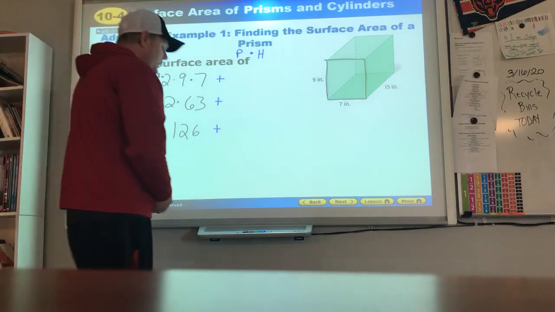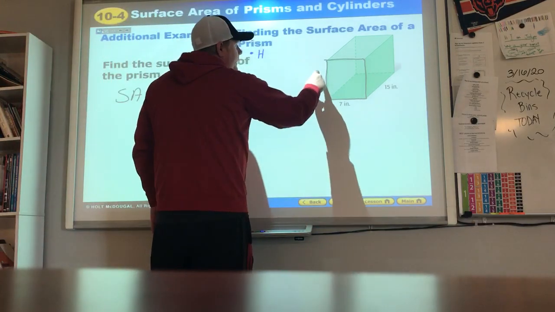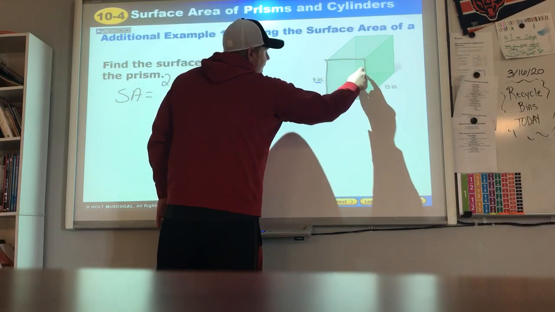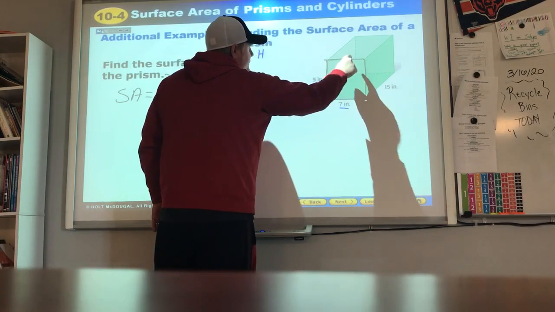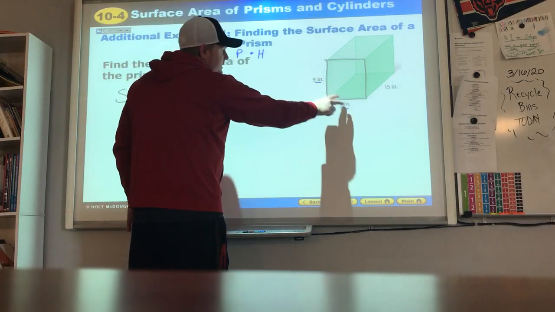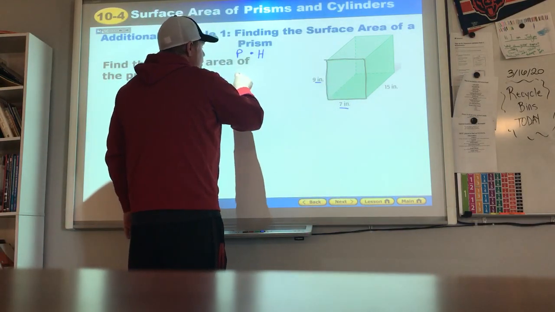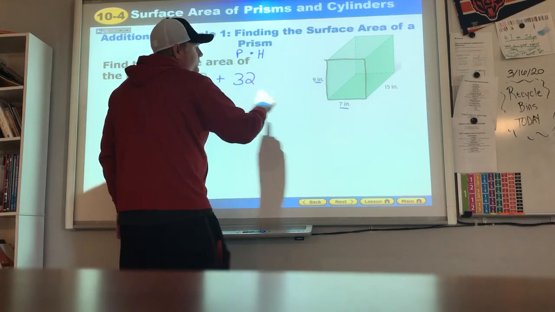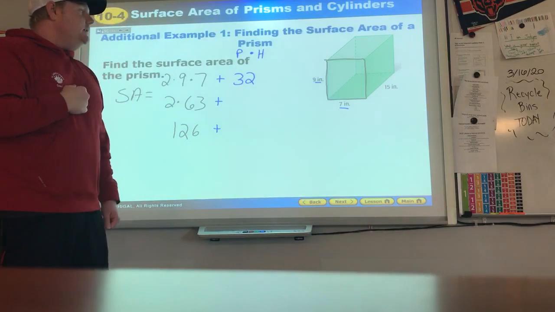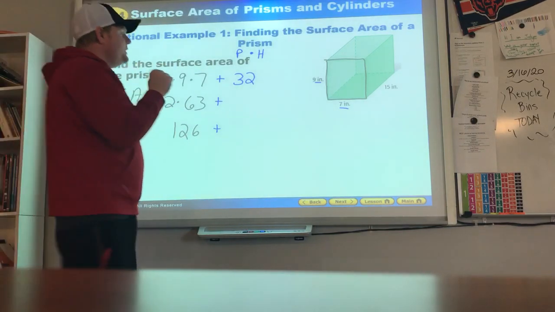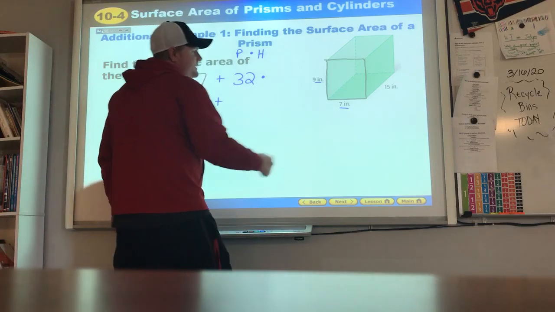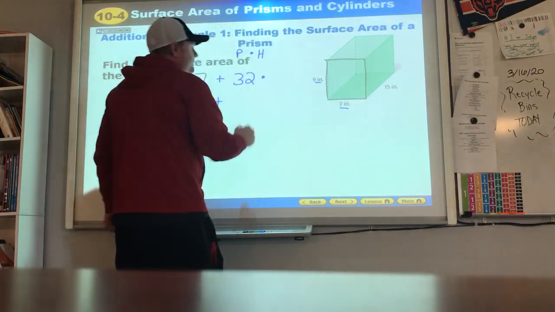So, if we look at the perimeter, 9 plus 7 plus 9 for this side plus 7 for this side, we would get 16, 32. 32 would be the perimeter of the base. That's important to find.